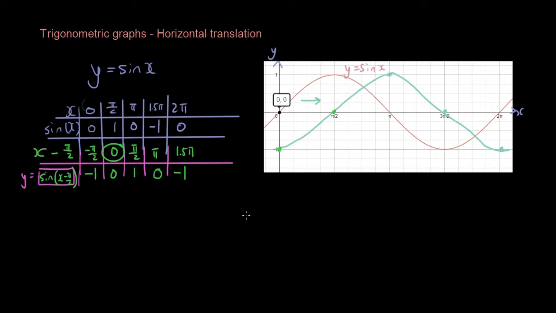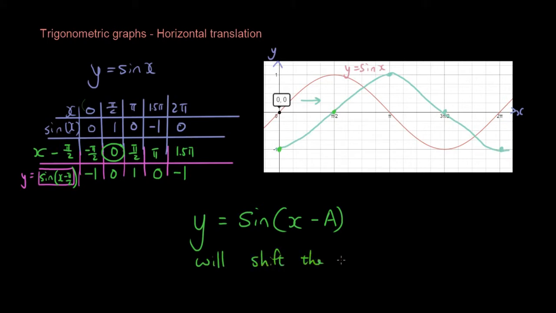So basically, to shift it to the right, we would put into our bracket x minus a number a. This will shift the curve sine x to the right by a units.